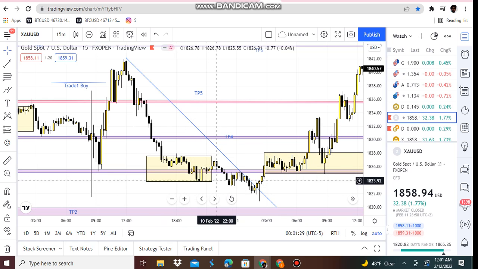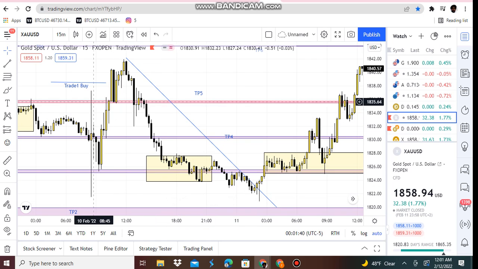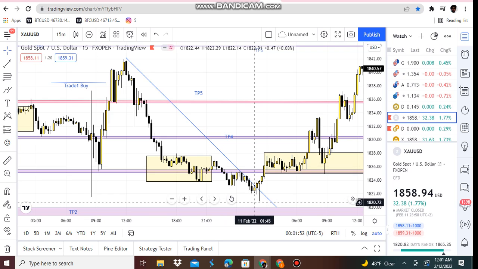So we'll explain this real fast. I'll explain this move so I can help you become more profitable in this market. You have to be very, very patient and adjust and adapt to what the market is showing you. This move happened from February 10th all the way down to February 11th.